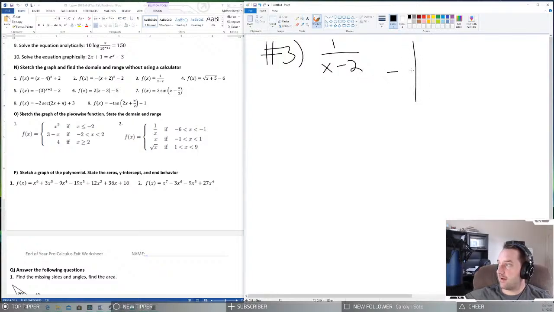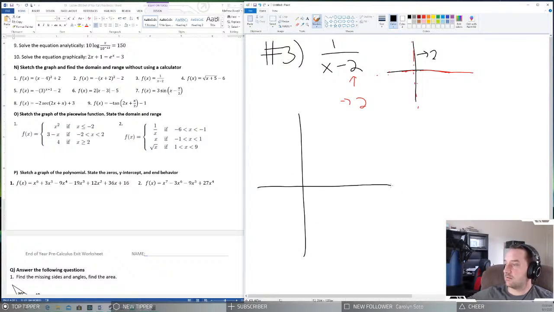The parent graph has asymptotes at y equals 0 and x equals 0. And then this is my h, so it's going to shift over 2 spaces. So this is going to move over 2.